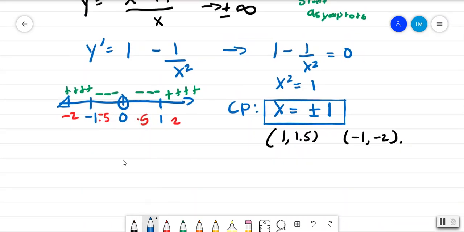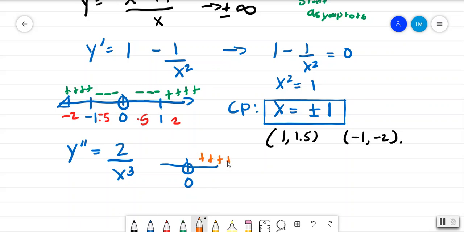Finding the second derivative, you're going to find that y double prime equals 2 over x cubed, which means you just need to find what happens for less than 0 and for greater than 0. For greater than 0, it's positive, because if you plug in 1, you get 2. But if you plug in -1, you get -2, so that means it's negative.